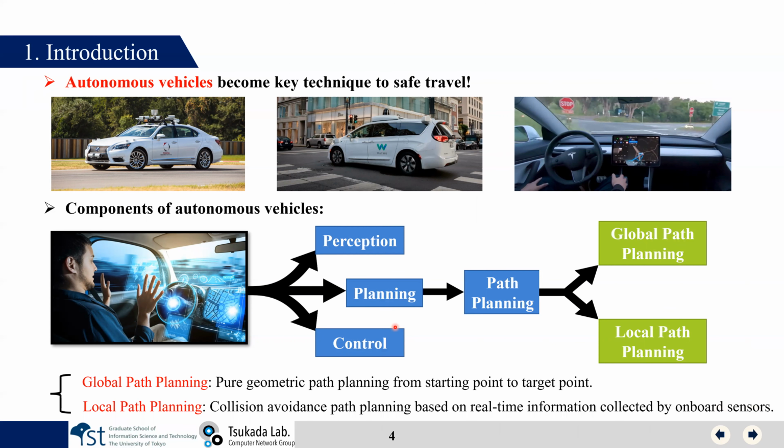Global path planning is usually defined as pure geometric path planning from a starting point to a target point. And local path planning is collision avoidance path planning, based on the real-time information collected by onboard sensors.